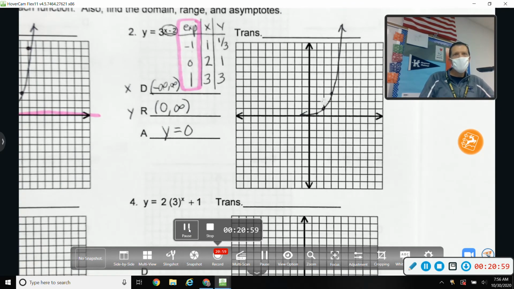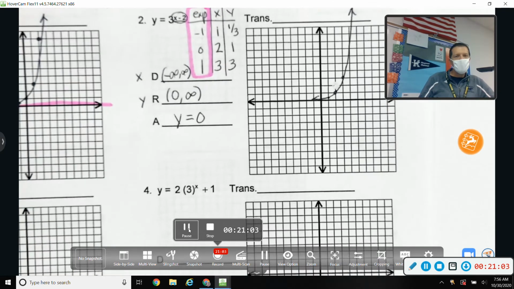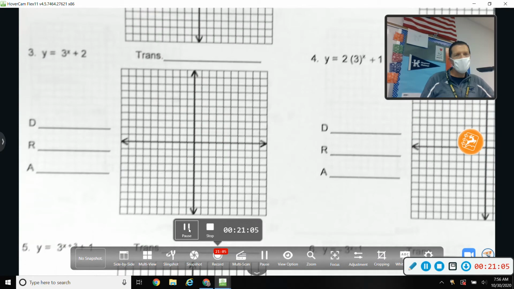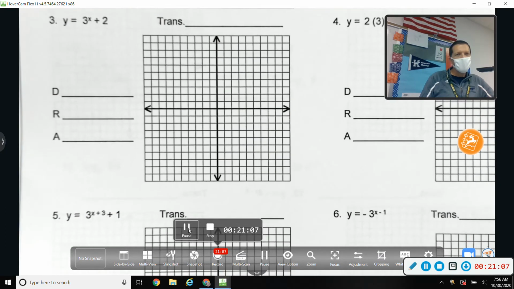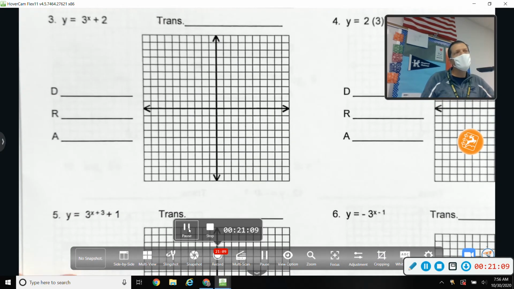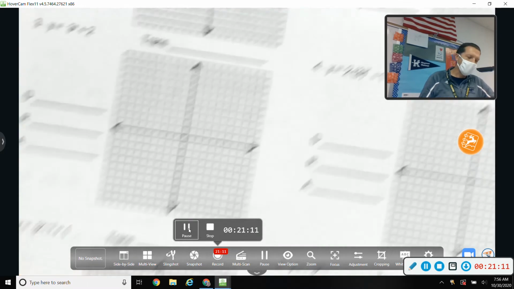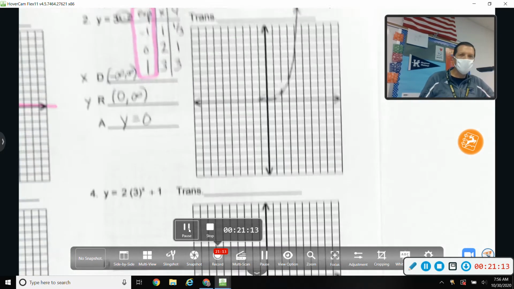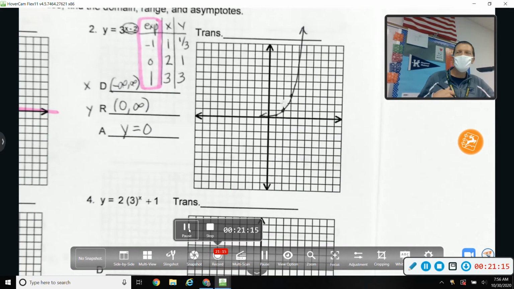Questions on that one? All right, yeah. Oh, yes, thank you. So we kind of took care of the transformation already. There are two ways to graph them. You can label the transformations first and then move the graph around.